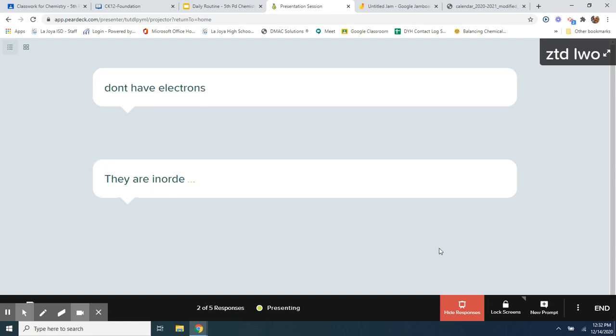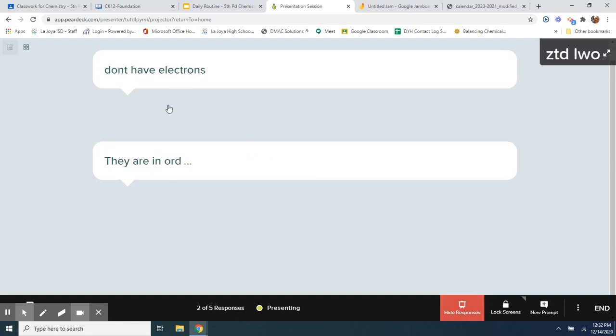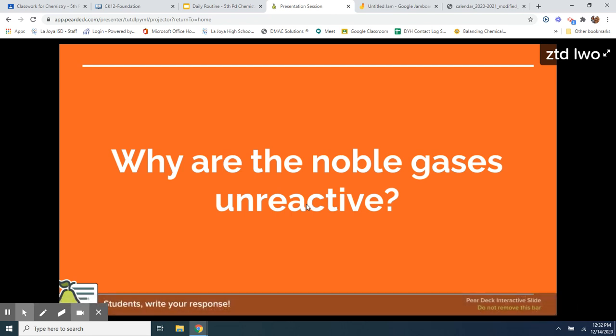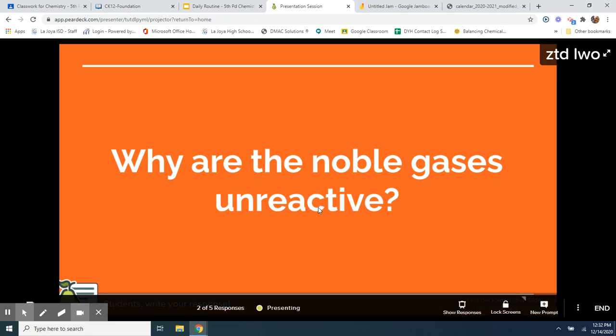I think we can do better than that, guys. Why are the noble gases unreactive? What do they have in that outer shell? What do they have that all the other elements don't have? How many electrons? It's all about the electrons.